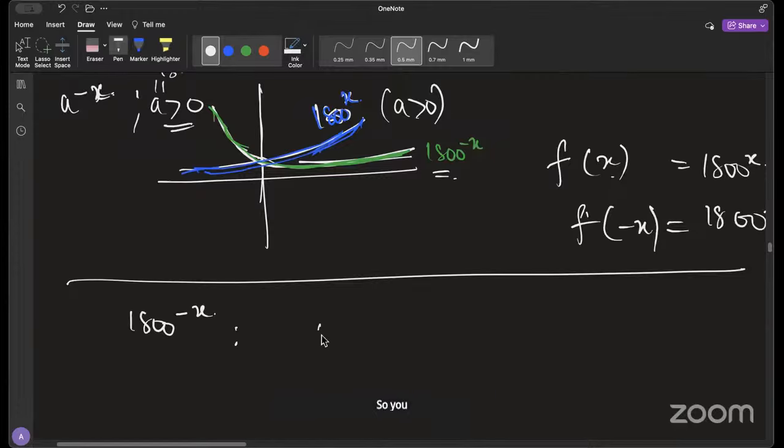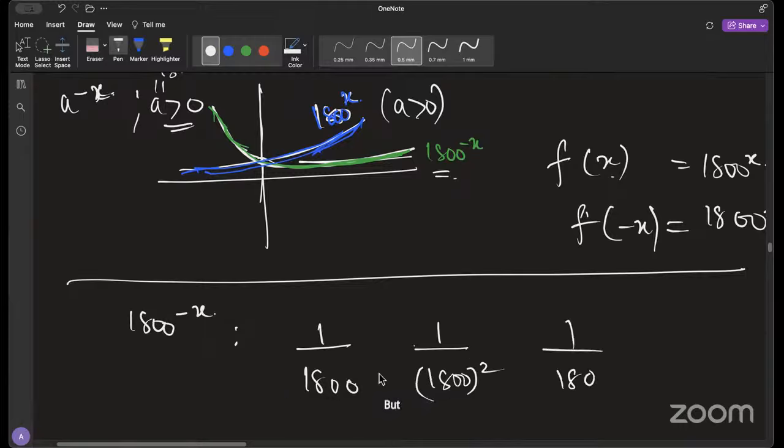So you will have 1 by 1800. Then I'm only plugging in the natural numbers: x equals 1, then x equals 2, then x equals 3. But it involves other things too. There are numbers between 1 and 2 which I've not taken.